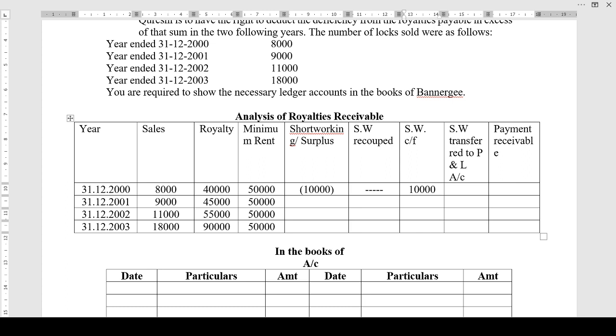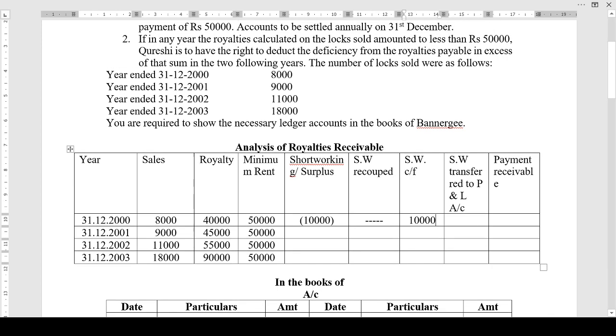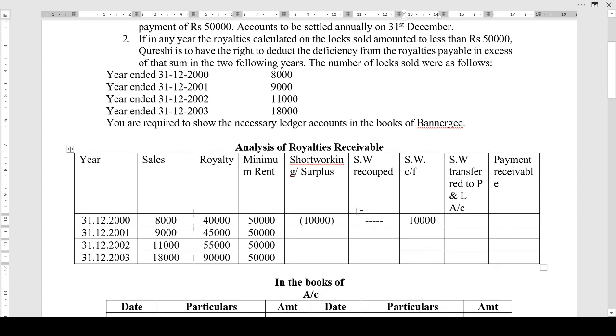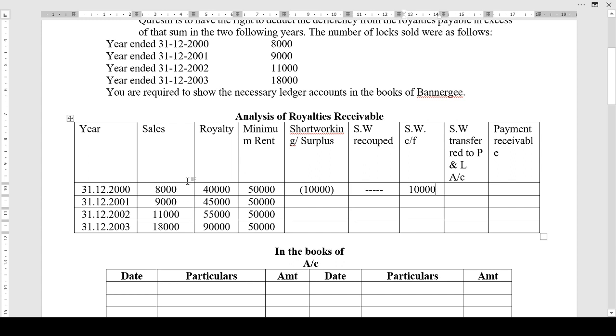What is the agreement for recoupment? You can recoup it in the next 2 years. That's what they've said. They said if in any year there is a deficiency, the lessee has the right to deduct it from the royalty payable in excess of that sum in the 2 following years. So basically the short working of 2000 can be recouped in 2001 and 2002. The short working of 2001 can be recouped in 2002 and 2003.